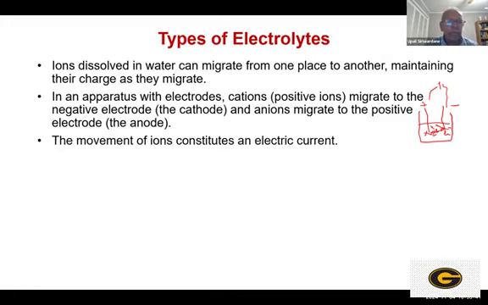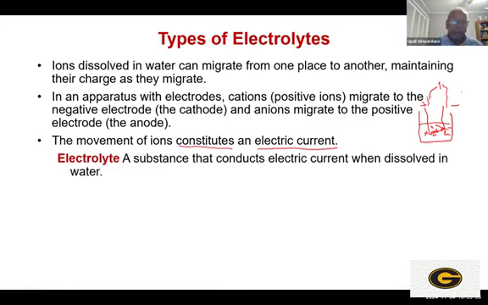Movement of ions constitutes the overall electric current in the wires. An electrolyte is a substance that conducts electricity when dissolved in water. So whatever solute you dissolve should have ions. Sodium chloride is an example.